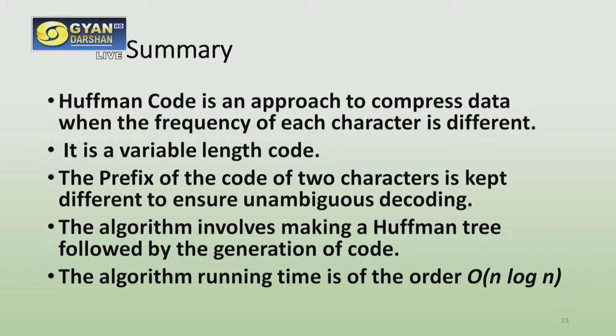This is very important, because if we are not able to create unambiguous decoding, we are going to have lots of problems in decoding the message. The algorithm involves making a Huffman tree followed by generation of code. The running time is of the order n log n, which is very efficient.